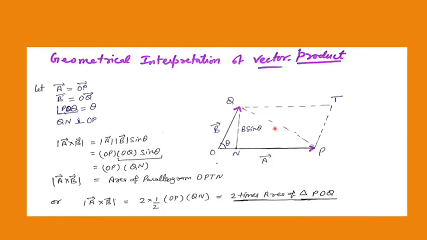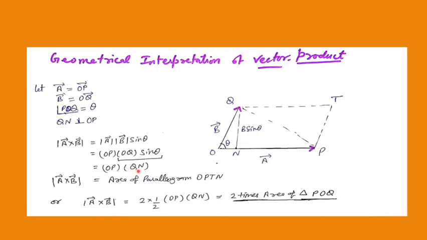Second thing, if I join QP, I'm joining these Q and P points, then what I'm finding is that I'm simply dividing this parallelogram into two equal triangles. One triangle is OQP and the second triangle is QTP. So you can see that this area of the parallelogram, if I multiply by 2 and divide by 2, it will not make any change to my equation.